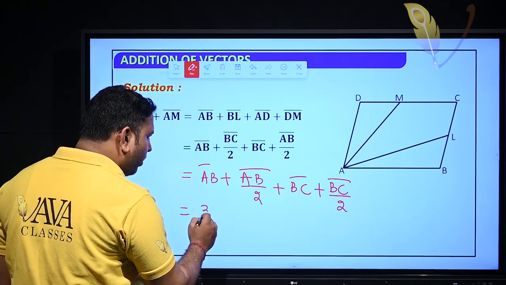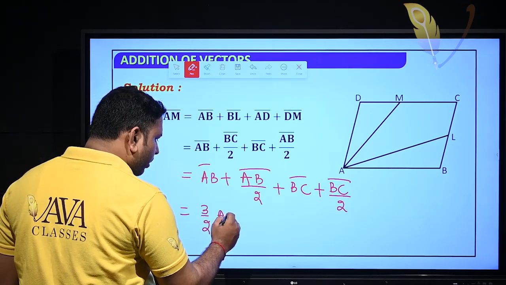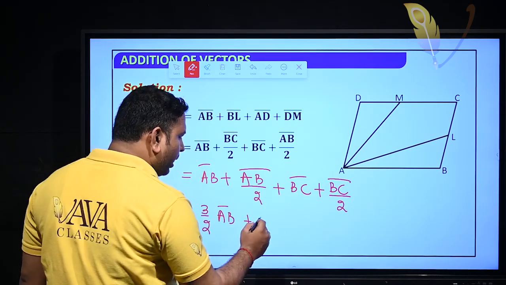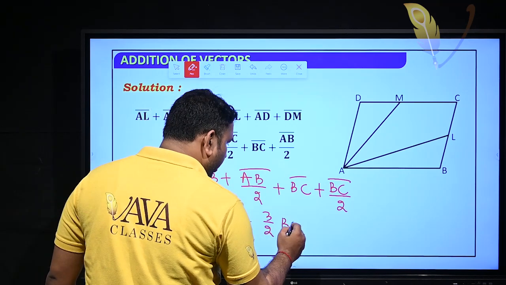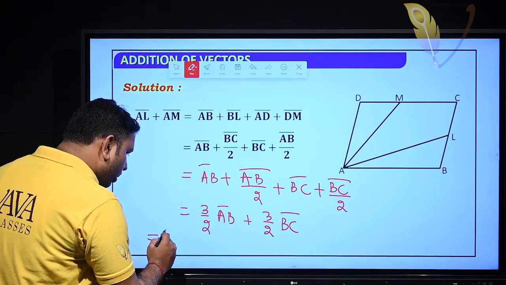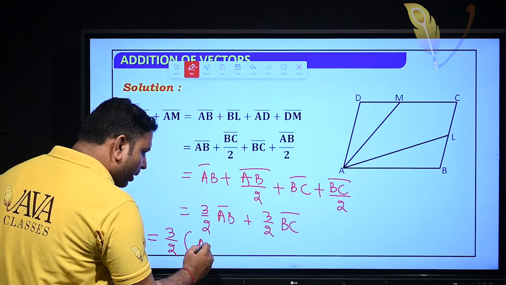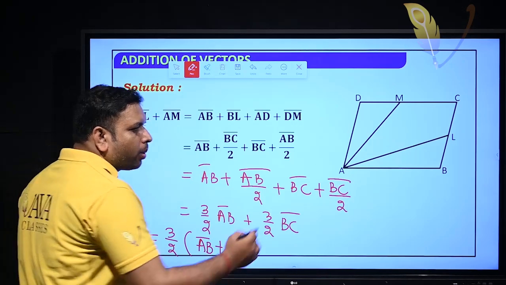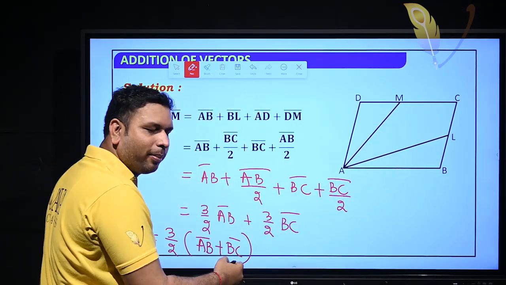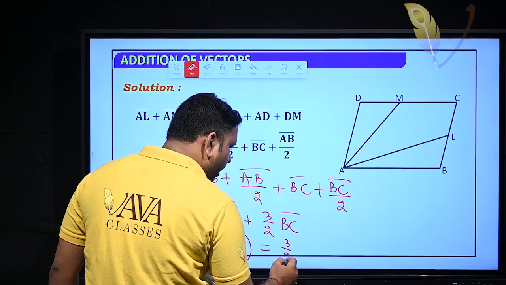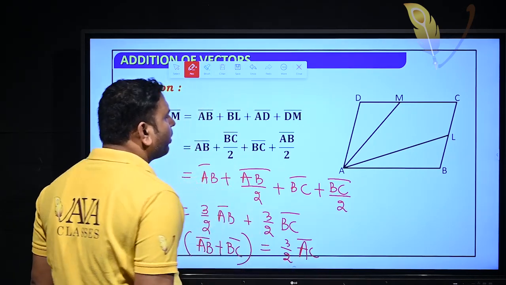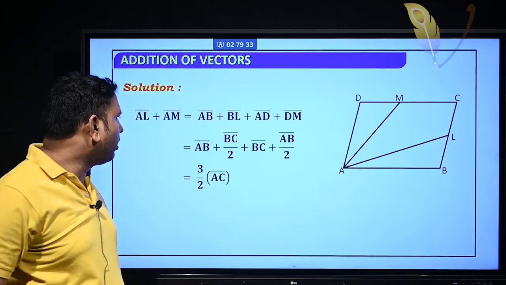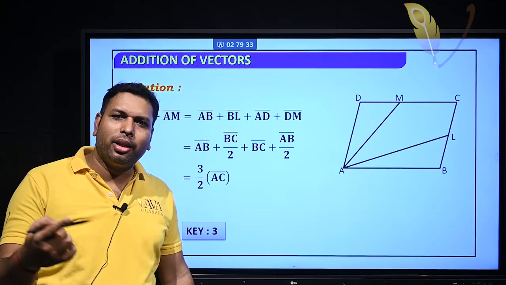So it is 3/2 AC vector. Okay. So it is clearly 3/2 AC. So third option is the right option, friends.